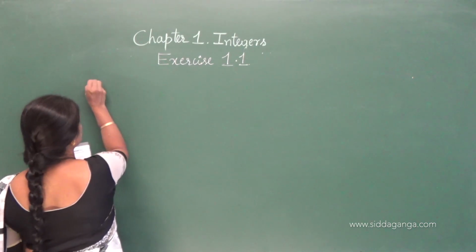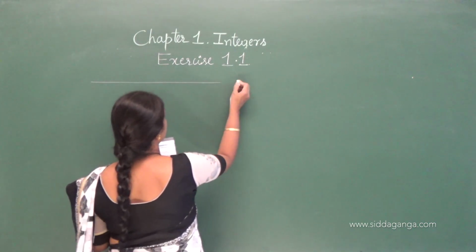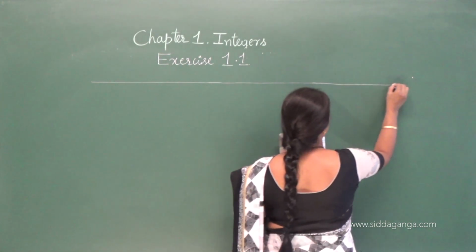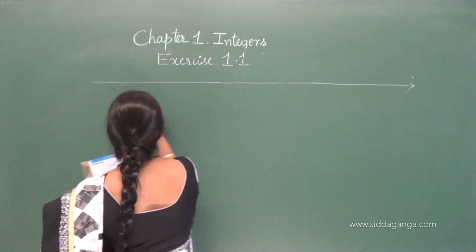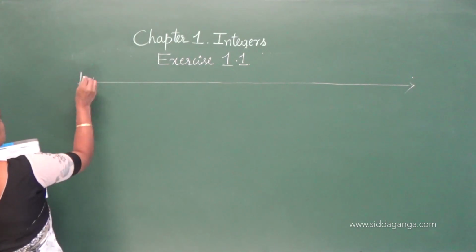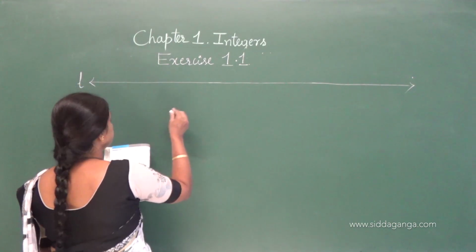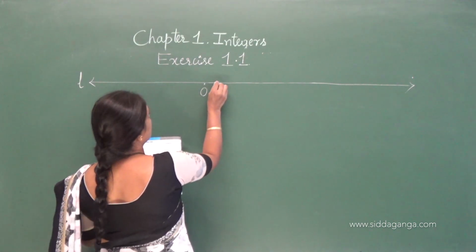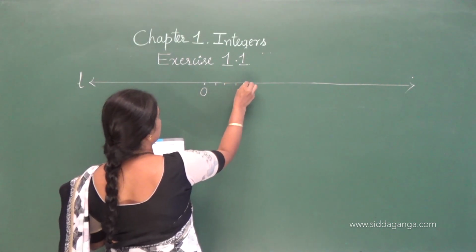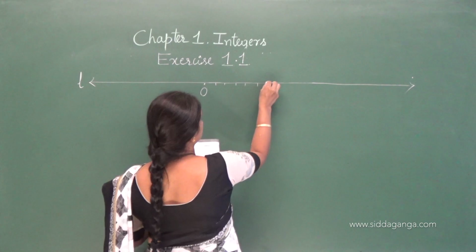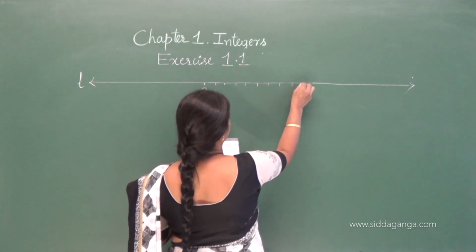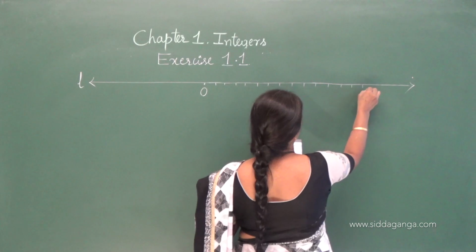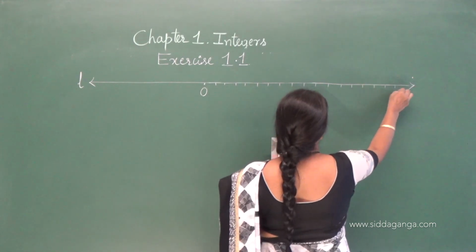Here we consider the number line. It is 0, plus 1, plus 2, plus 3, 4, 5, 6, 7, 8, 9, 10, 11, 12, 13, 14, 15, 16, 17, 18.